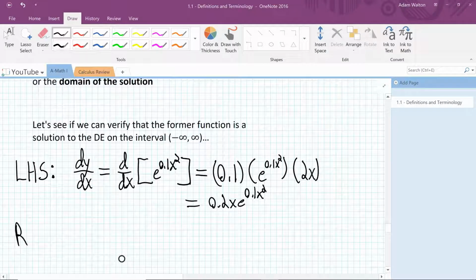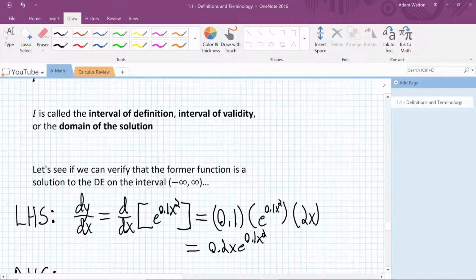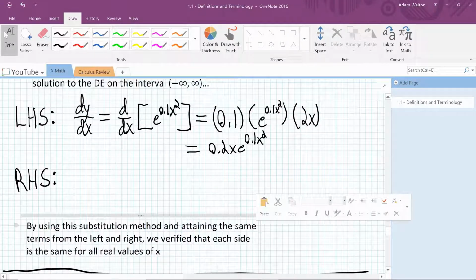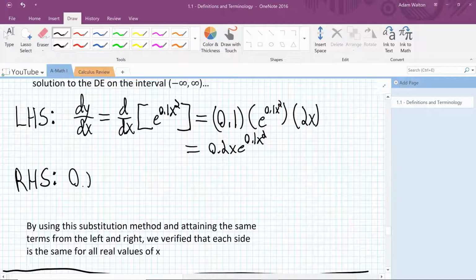So now let's do our right-hand side substitution approach. So we have 0.2 xy is equal to 0.2x, and now we're just going to plug in y, which is e to the 0.1 x squared. E to the 0.1 x squared.